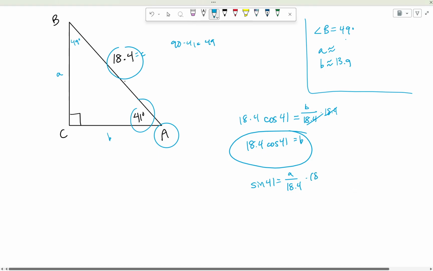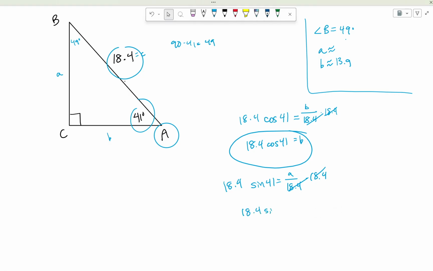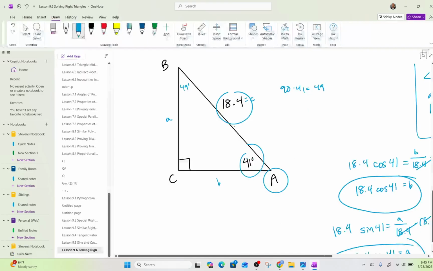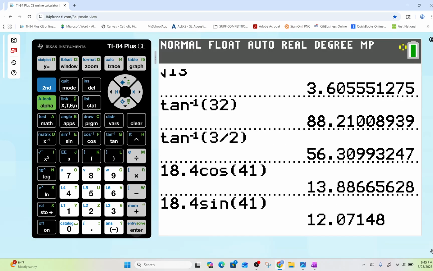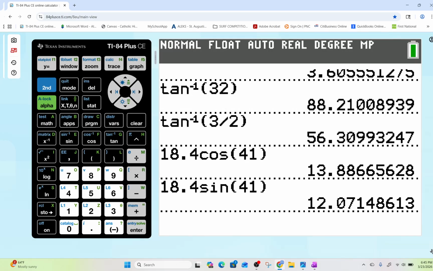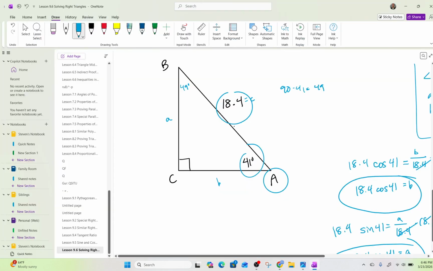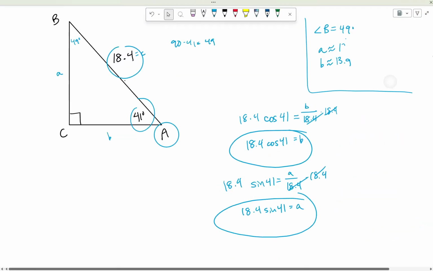So then again, multiply both sides by 18.4, and we are done. 18.4 times the sine of 41 is equal to lowercase a. This is my exact answer, but now I need to fill in my solution box with my approximation. So 18.4 times the sine of 41 gives me 12.07, or 12.1, when I go back here to fill in my solution box.